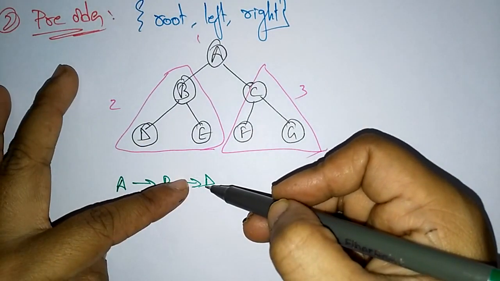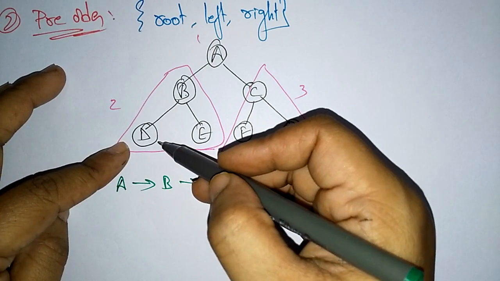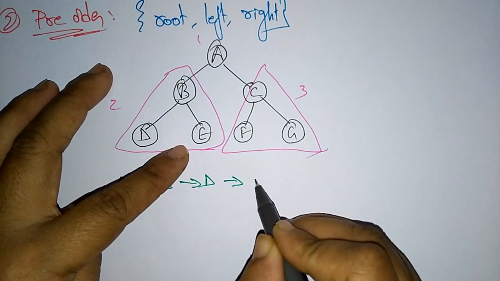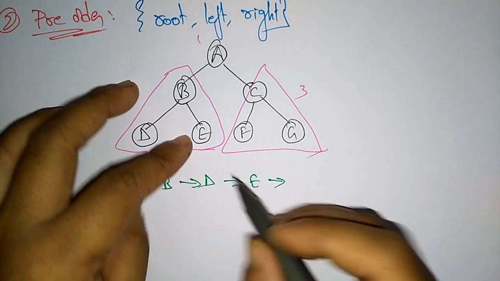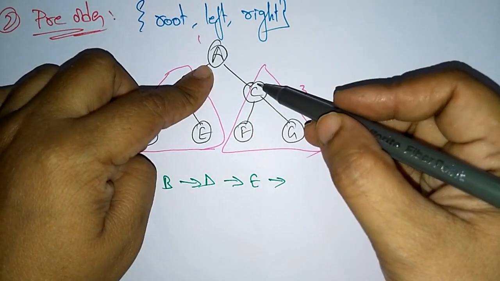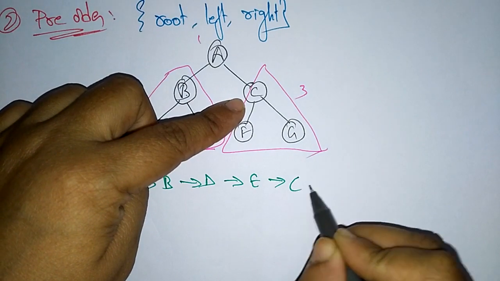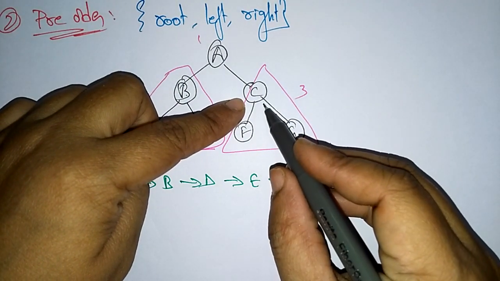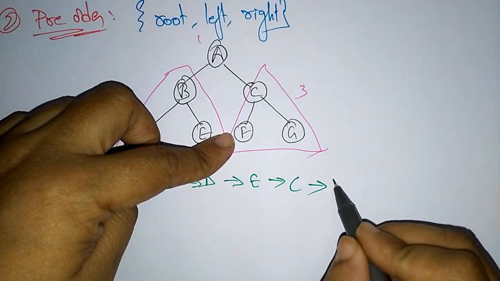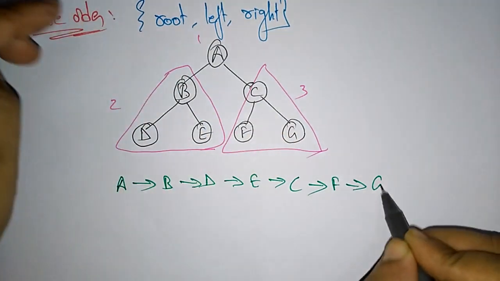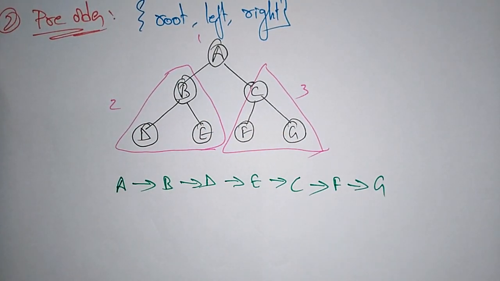So this is D. After left, it has to visit the right. Now it comes to this side. Here C is the root node, so first enter C. After the root, it should be left, F. After that, right. So this is the path of the preorder.